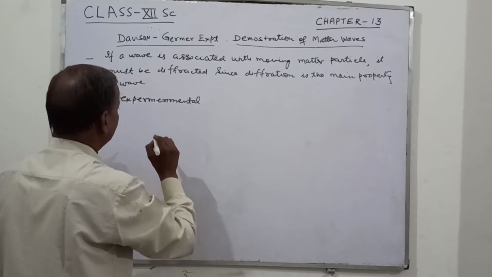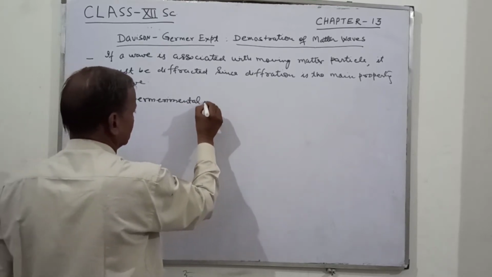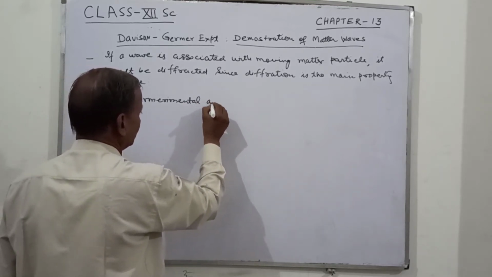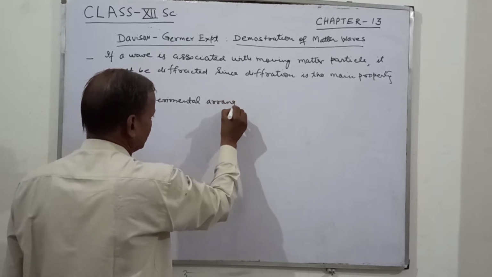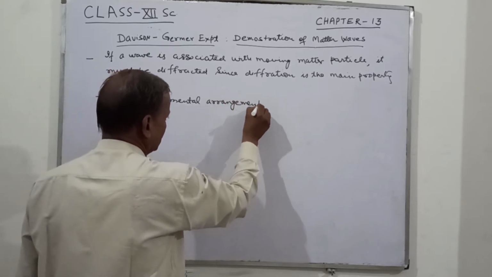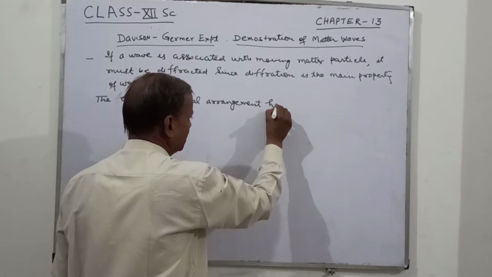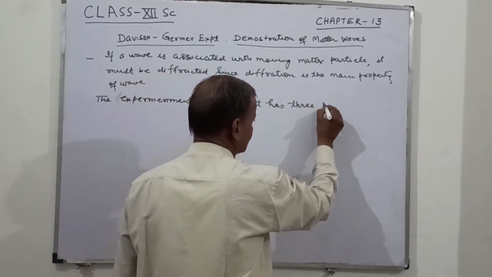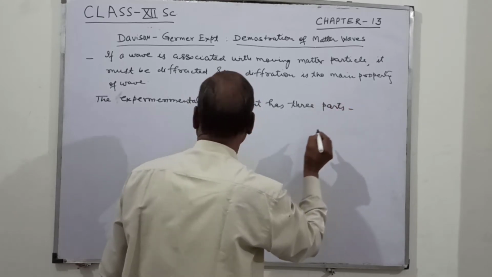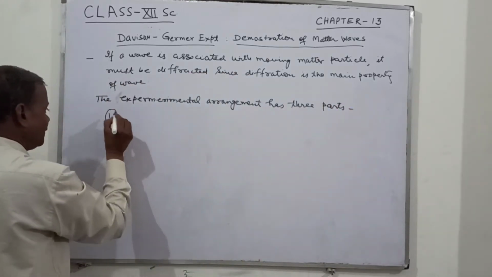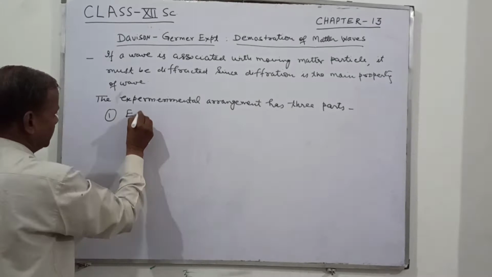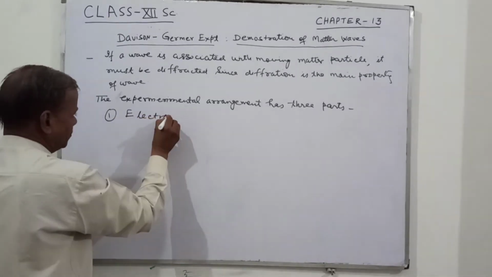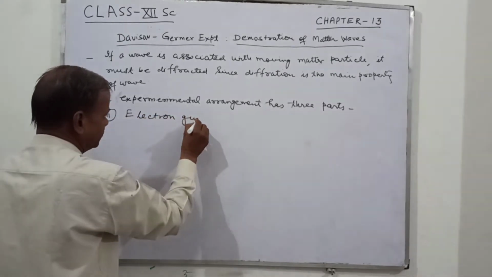The experimental arrangement has three parts. Number one, electron gun.